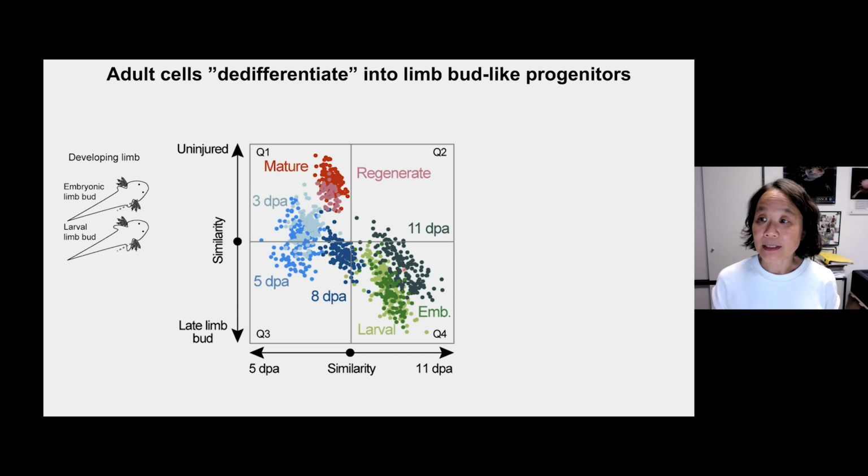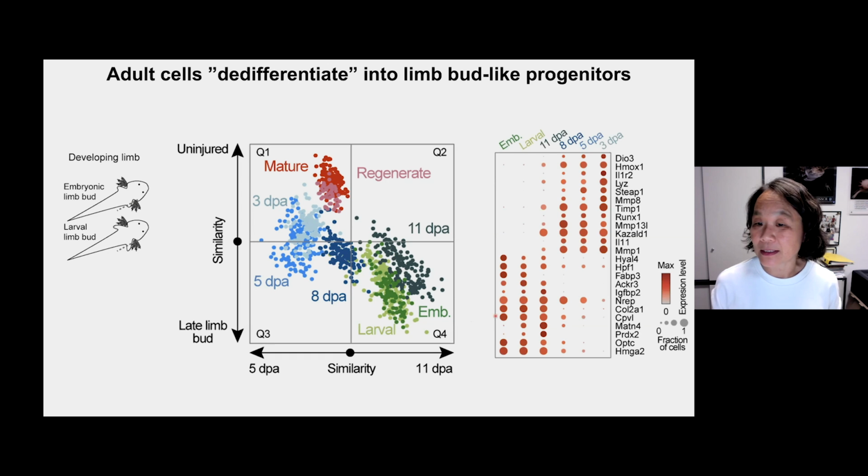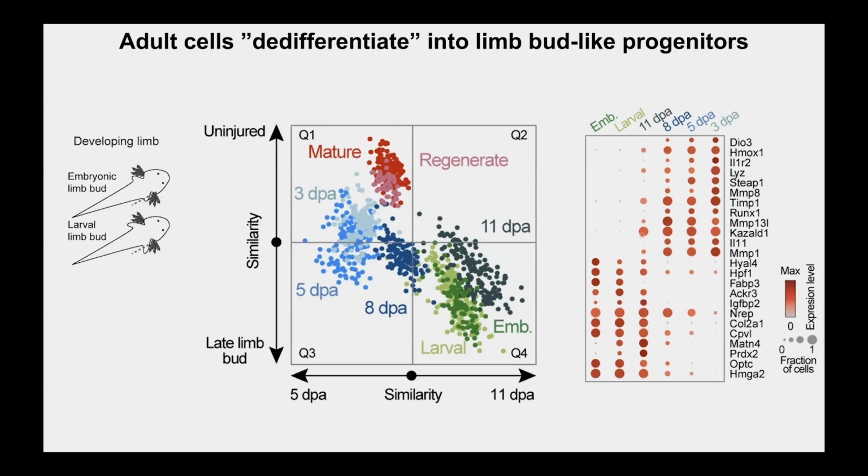So for us, this was the first global expression profiling experiment that could, in a way, show us that these fibroblasts are going through a de-differentiation process, losing their mature features, and then gaining this embryonic transcriptional program. Now, we can associate certain gene sets in relation to all of these stages, and we're very interested in what these genes do during these different transitions.